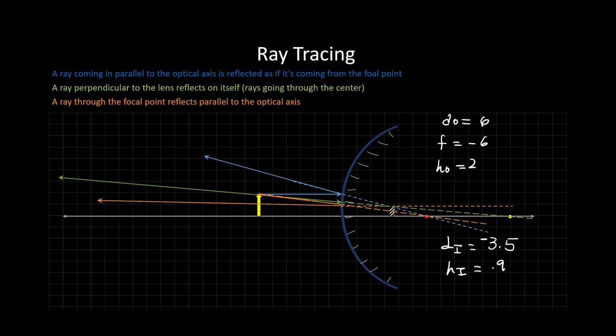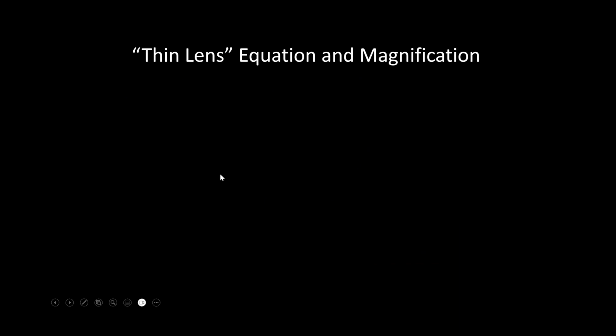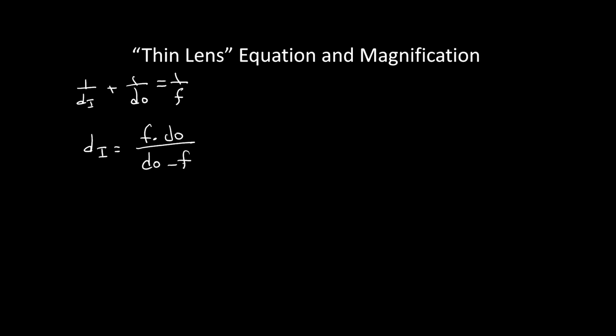Okay. Let's just see whether the mirror equation gives us the same or not. So again, 1 over DI equals 1 over F minus 1 over DO. Same algebra as before is going to give us DI equals F times DO over DO minus F. Okay?